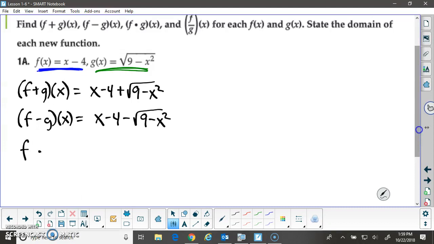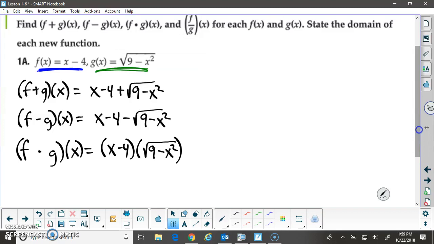The next one is the product, and that would be x minus 4 times the square root of 9 minus x squared. Nothing that you can do with that, you just have to leave it. And the last one is f divided by g of x, which would give us x minus 4 in the numerator and 9 minus x squared in the denominator.